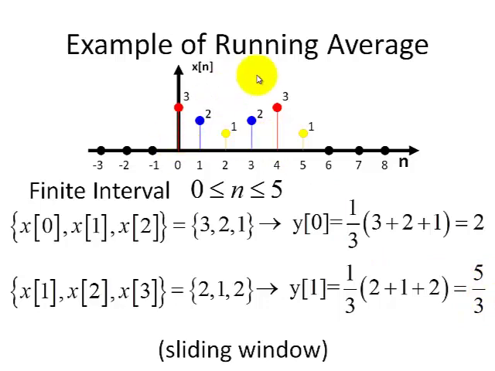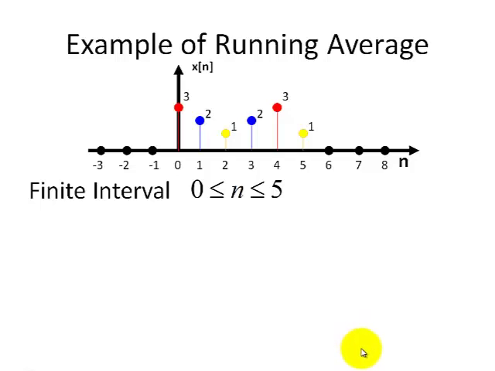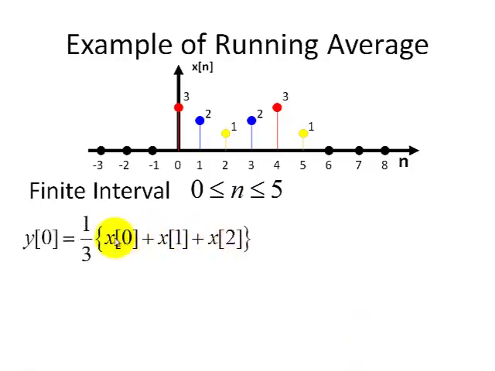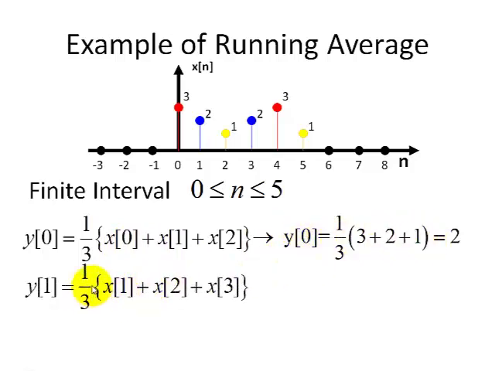Again, this running average is also known as a sliding window of fixed length 3. Now you can represent this moving average as follows by performing this operation for y0, and this is what we did before in the previous slide. And for y1, 1/3 times x1 plus x2 plus x3.